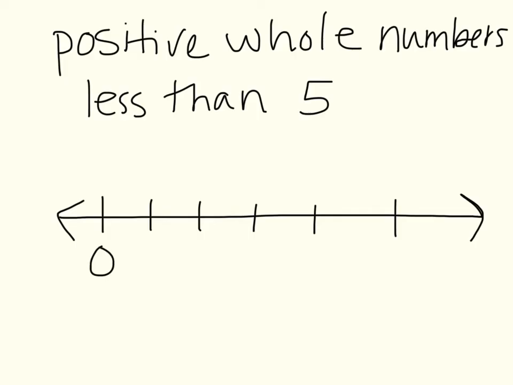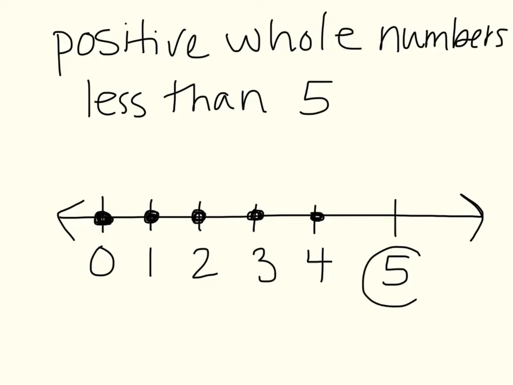I'm going to label 0, 1, 2, 3, 4, 5. Okay, so positive numbers less than 5 would be 4, 3, 2, 1, and 0. We don't include 5 because the question specifically says less than 5.